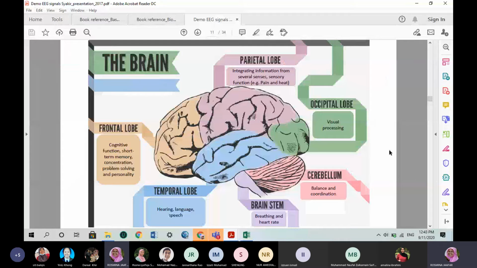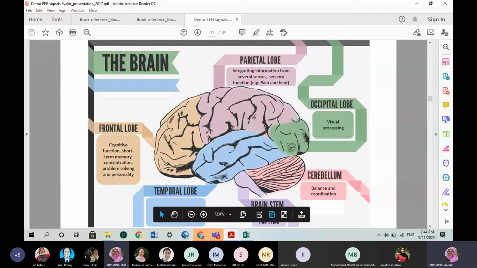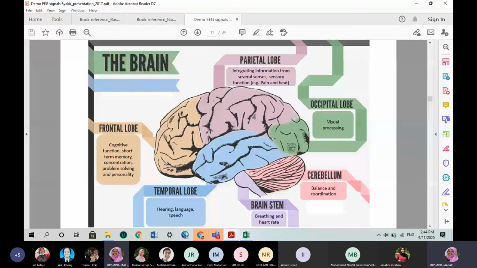Okay, the brain. This is generally the parietal lobe, and the processes involved: occipital for visual processing. The bottom part of the brain is the cerebellum. The top here is called the cerebrum, and the cerebrum involves sensory and motor activities, and also emotion, feeling, and so on.